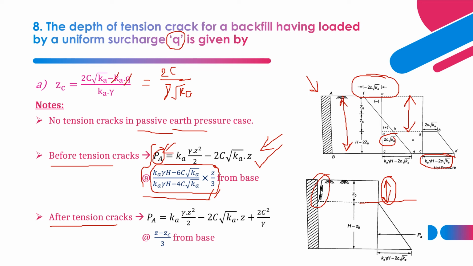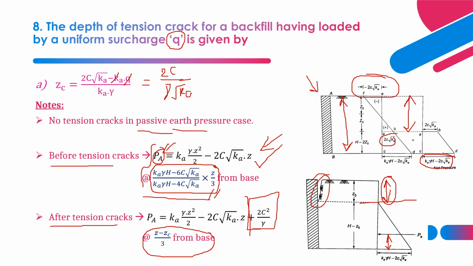So Pa is equal to Ka gamma z square by 2 minus 2c root Ka z, and plus 2c square by gamma. This term has to be added in case of after tension crack formation. And this will be acting at (z minus Zc) by 3 from the base, that is this distance. This distance is nothing but (z minus Zc) by 3 from base in case the tension crack is already formed.